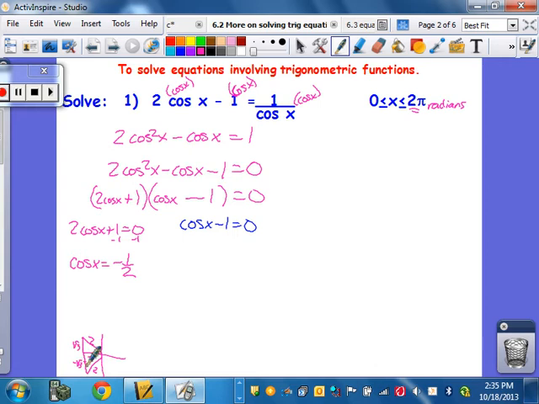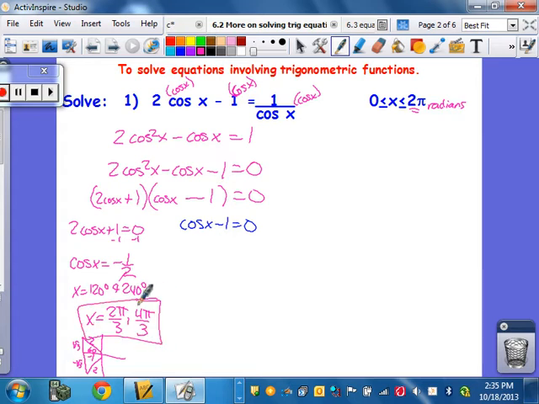And I want it in radians, so even though this is a 60-degree answer, it'd be 120 degrees and 240 degrees. I don't want that because I want my radian measures. So I will end up getting x is, let's see, 120 is 2 pi over 3, and 240 is your 4 pi over 3 answers.